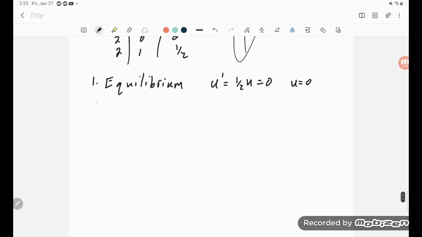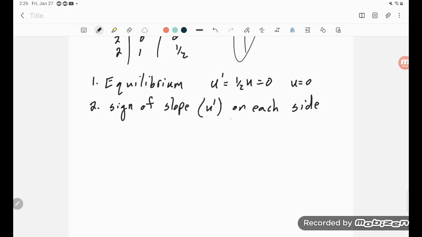And then, just like in the good old days of pre-calculus, college algebra type things, you look at the sign of the slope, in other words, our u prime, on each side of the equilibrium.